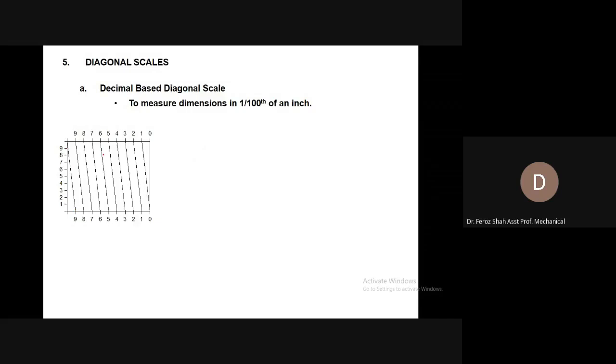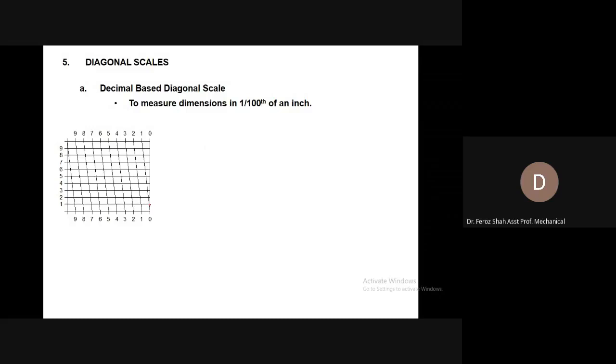Also draw horizontal lines from these divisions, crossing these slanted lines and ending at this vertical line. Now you have actually divided this figure into 100 equal parts.